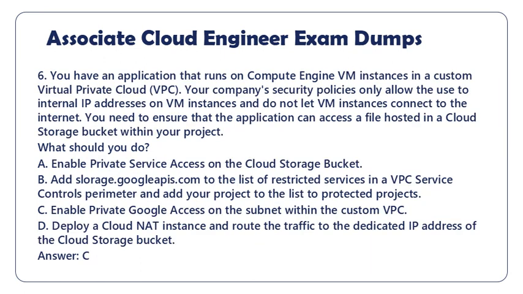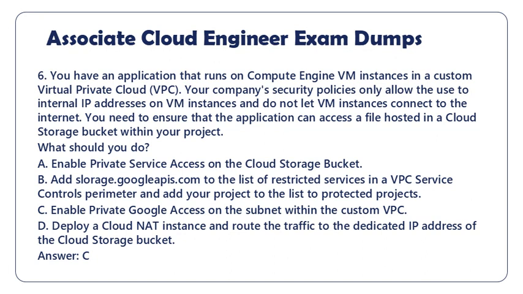6. You have an application that runs on Compute Engine VM instances in a custom virtual private cloud, VPC. Your company's security policies only allow the use of internal IP addresses on VM instances and do not let VM instances connect to the Internet. You need to ensure that the application can access a file hosted in a Cloud Storage bucket within your project. What should you do?